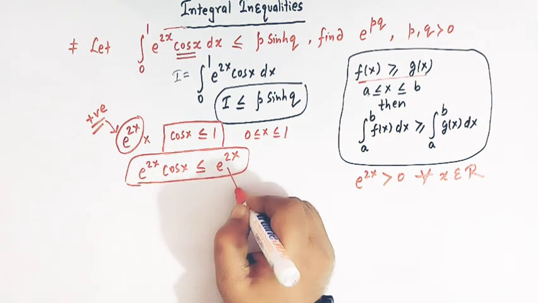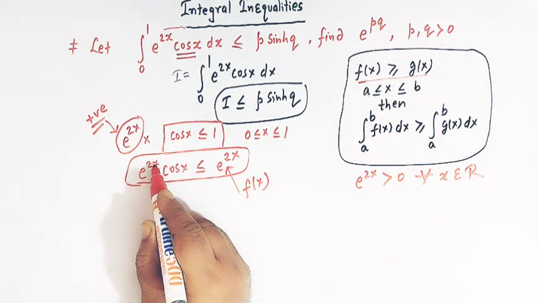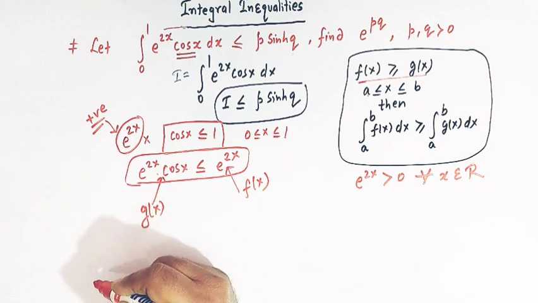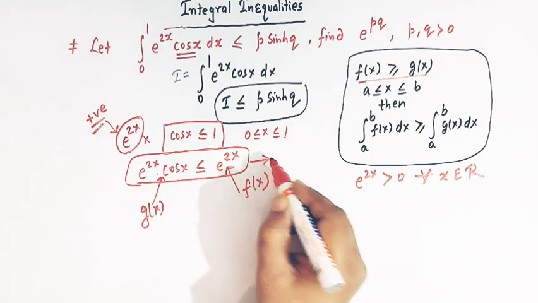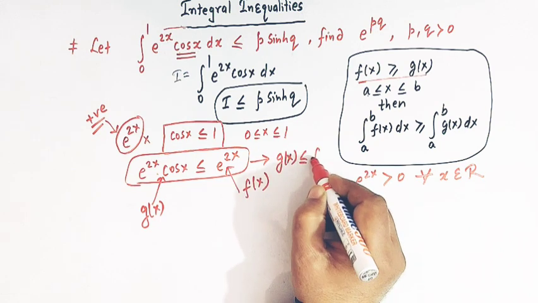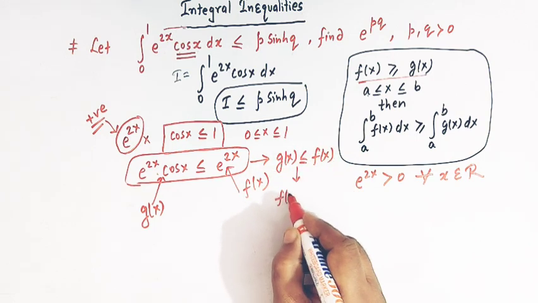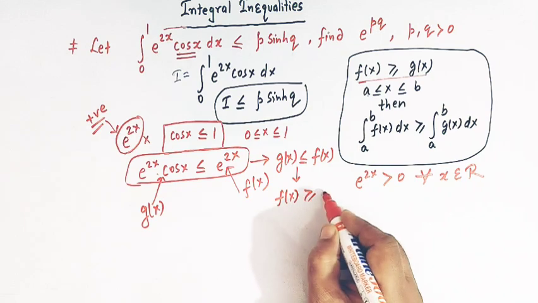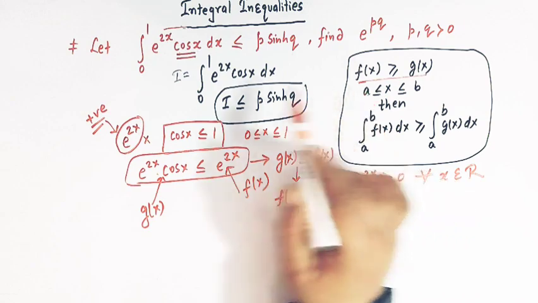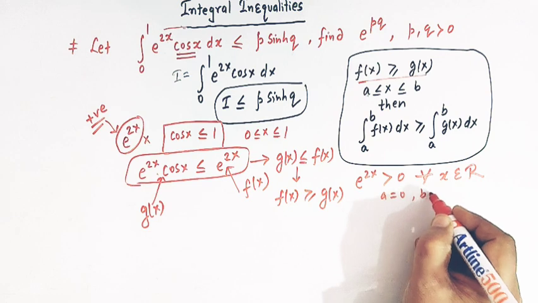So we'll now take this e raised to 2x as f of x, and e raised to 2x times cosine x as g of x, right? So now see what we will get. Here we have g of x, and now this is less than or equal to f of x, right? So we can also write this inequality as f of x greater than or equal to g of x in the interval 0 to 1. So a is 0 and b is 1, right?